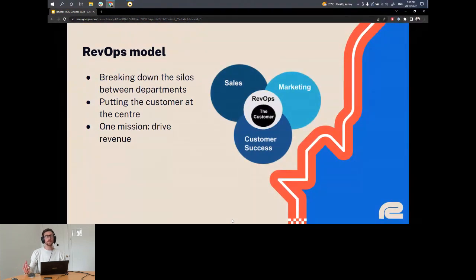So to put it simply, RevOps is your marketing, sales, and service departments acting as one powerful team with one singular mission to relentlessly drive revenue to grow your business simply by making the customer journey more enjoyable for the customer and way more efficient.